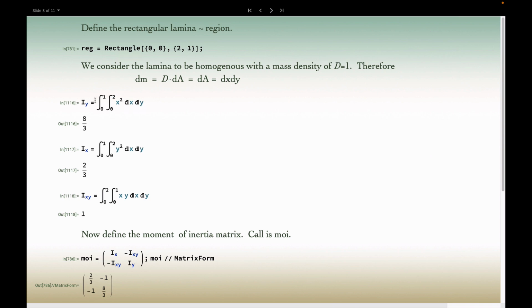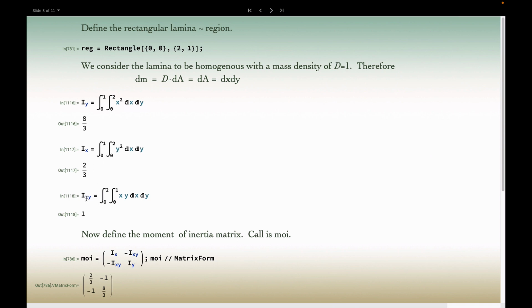So here's the computation of the moment of inertia with respect to the y-axis. Y goes from 0 to 1, x goes from 0 to 2, x squared, and that's equal to 8/3. The moment of inertia with respect to the x-axis, you insert y squared here and evaluate: 2/3.